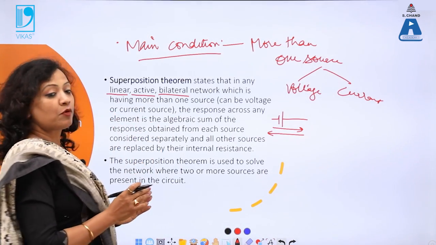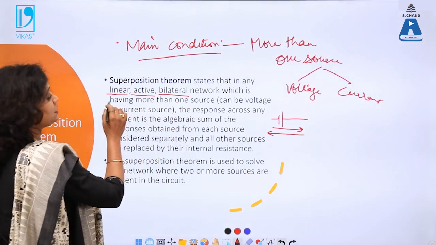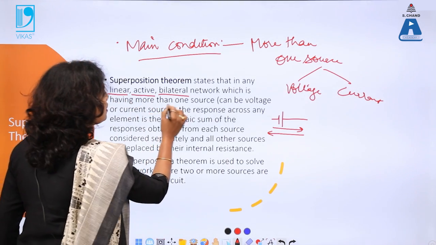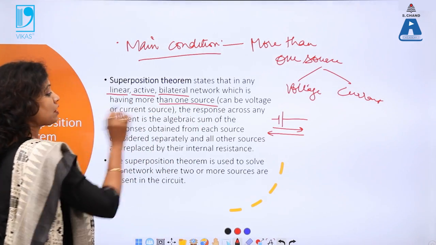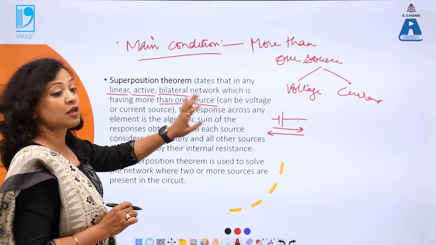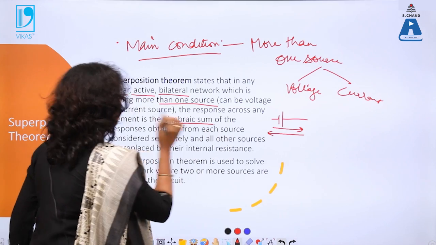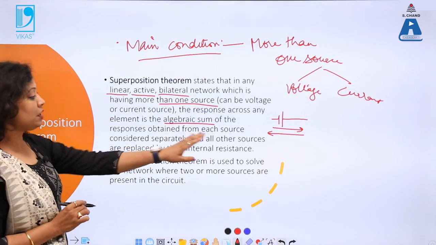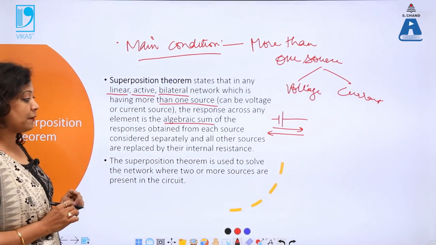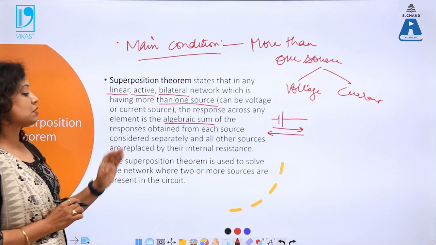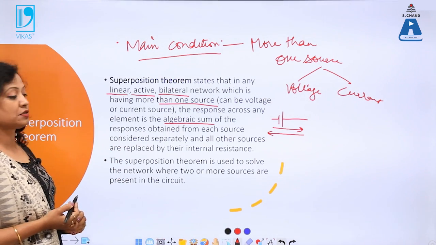So bilateral means in both directions. Having more than one source, which can be voltage or current source, the response, that is output across any element, is the algebraic sum of the responses obtained from each source considered separately, and all other sources are replaced by their internal resistance.